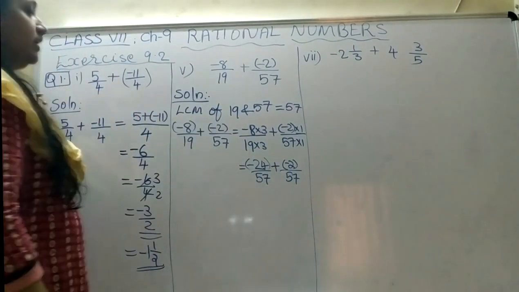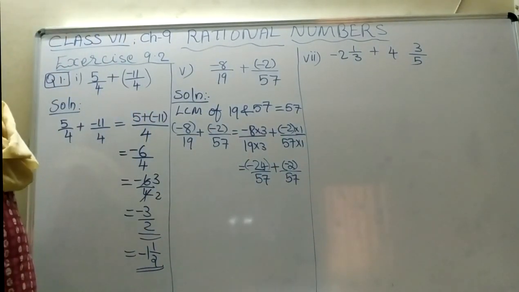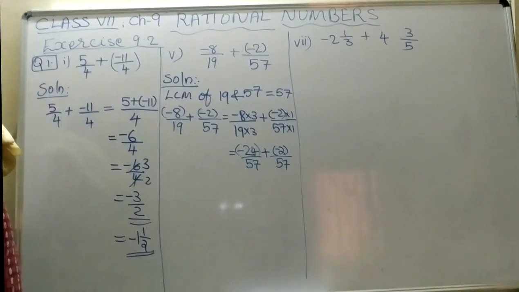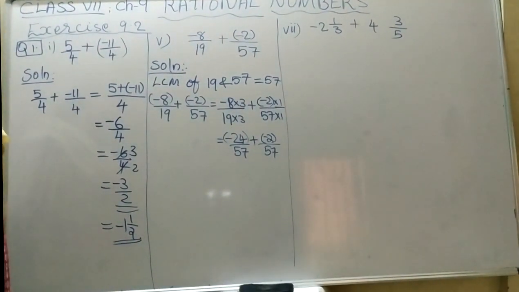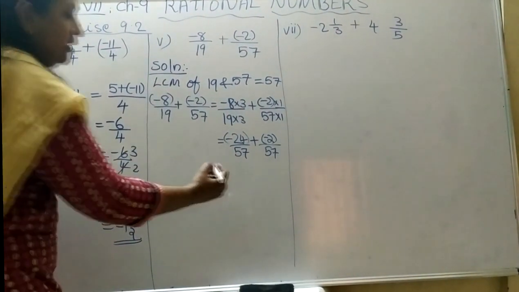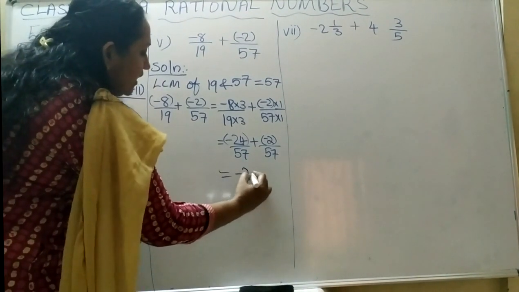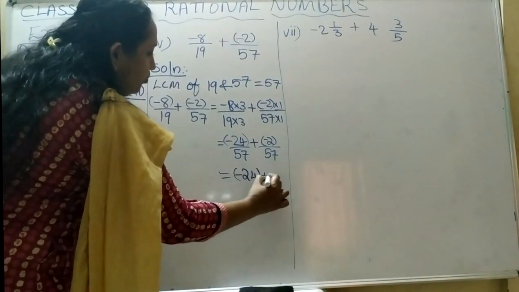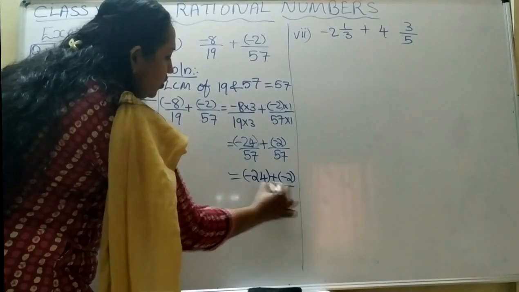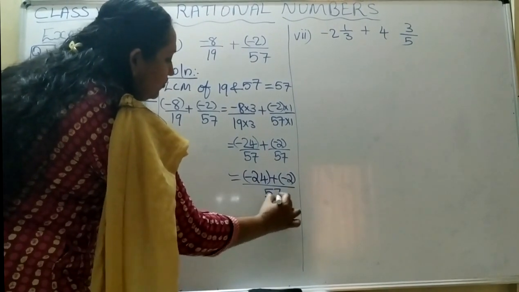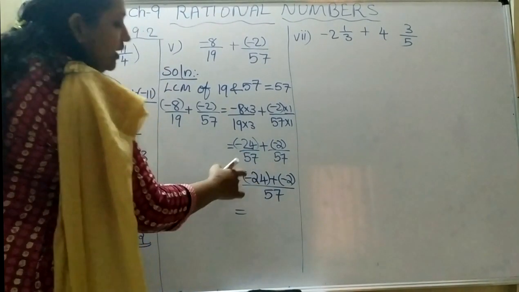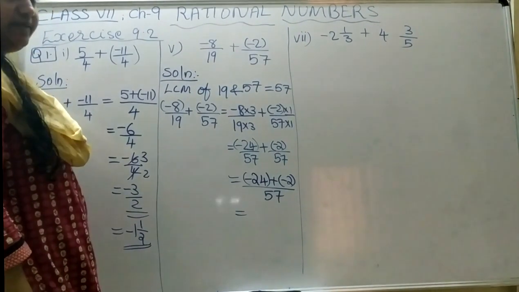Now in this step, the denominators are same, so we can add the numerators and keep the same denominator. So we are getting minus 24 plus minus 2 divided by 57. Here the numerators are having the same sign.